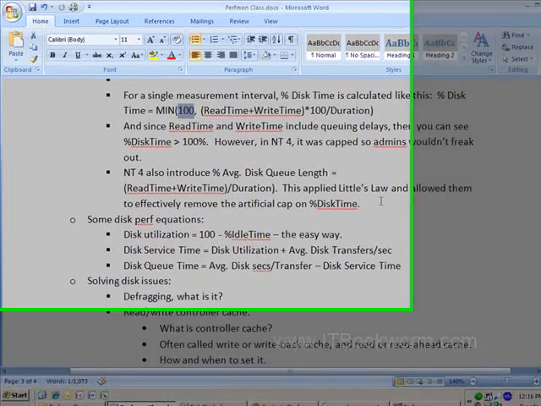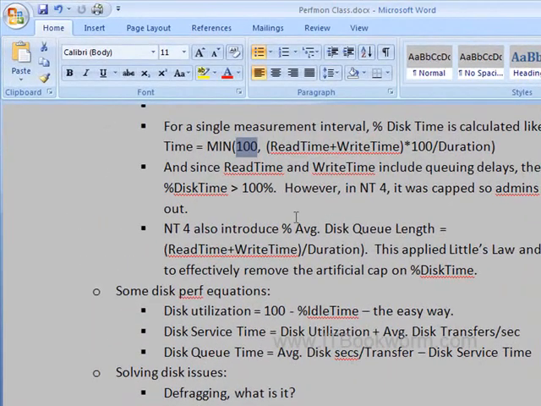Now, and here I talk about Little's Law again. Yeah, so they had this problem with their percent disk time. And so in NT4, that's when they introduced the percent average disk queue length. And that is actually directly applying Little's Law.